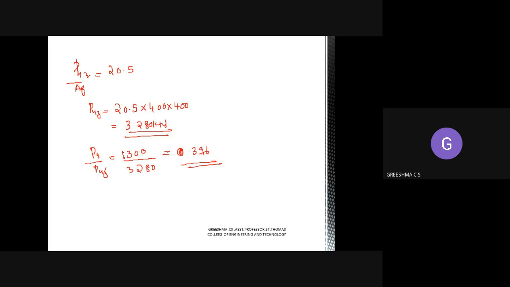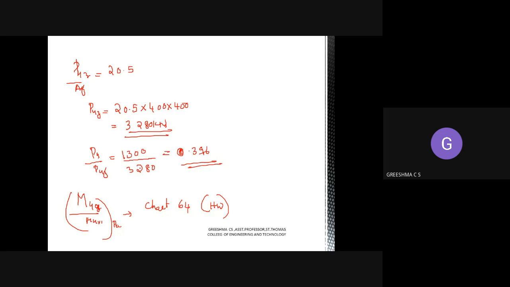So PU divided by PUZ ratio is 0.396. Okay. So the next step is you have to find out the permissible value of MUX divided by MUX1. That is from IS, from SP16 chart 64. You can take it as homework, same as we have done in the previous problem.